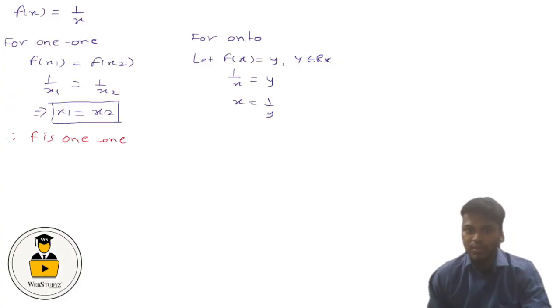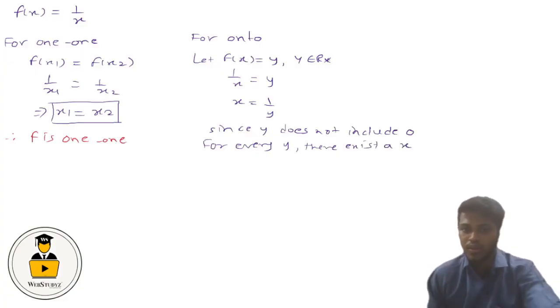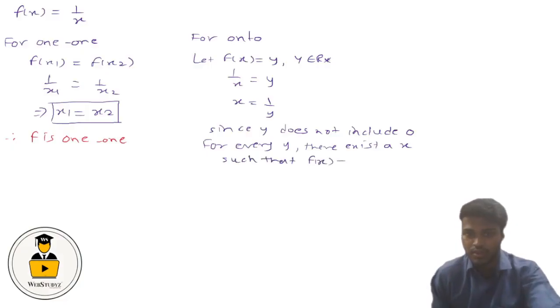So that means, since y does not include 0, for every value of y there exists an x such that f of x is equal to y.